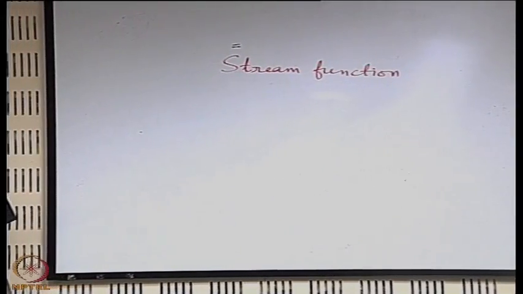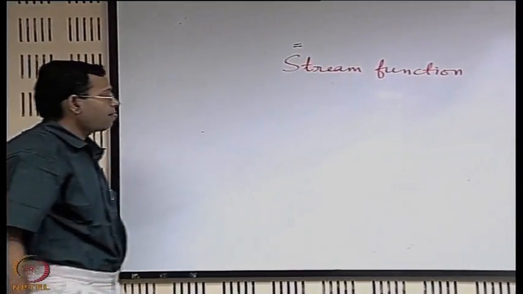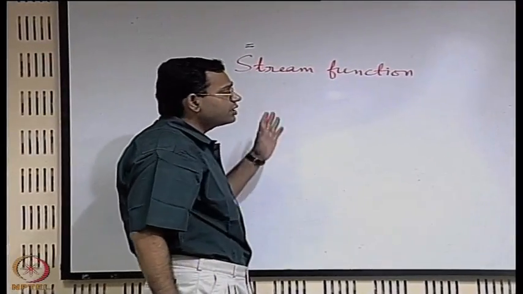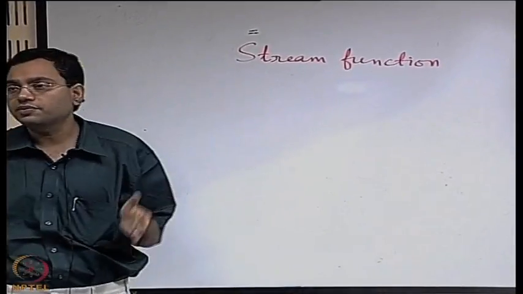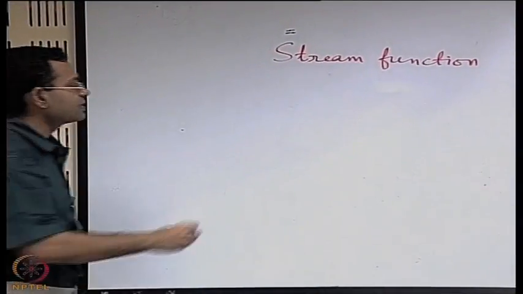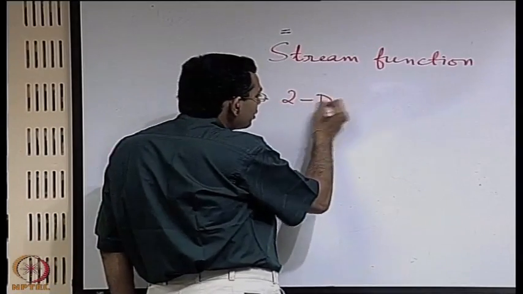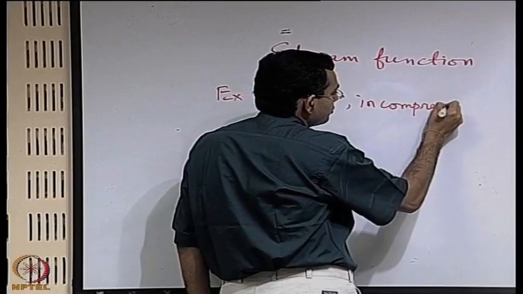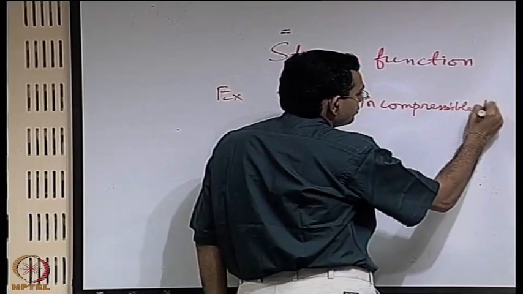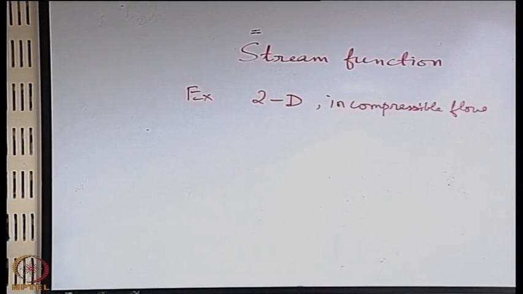So stream function is defined as follows. To look into the definition, let us first figure out what is the motivation behind defining such a function. Let us take an example of two dimensional incompressible flow, and write the form of the continuity equation for that.